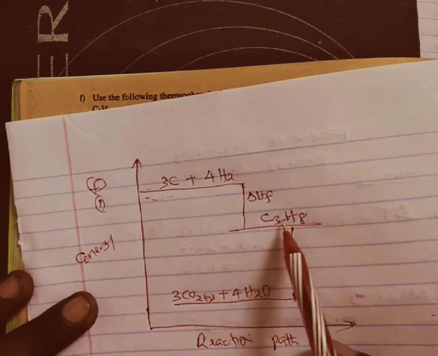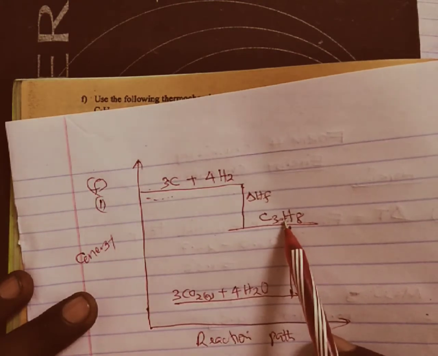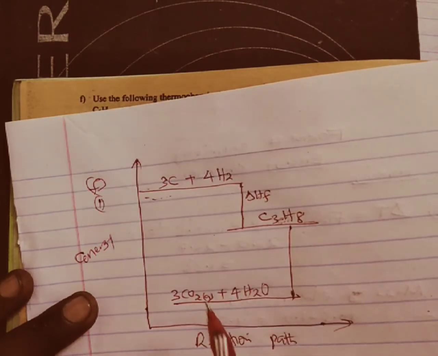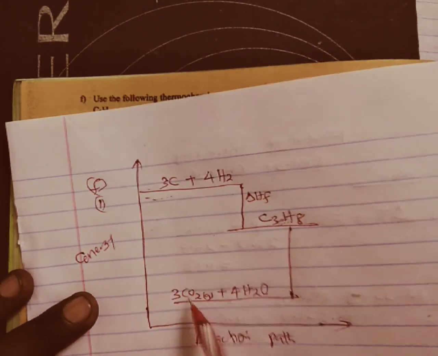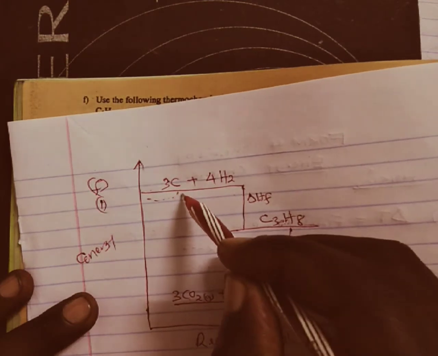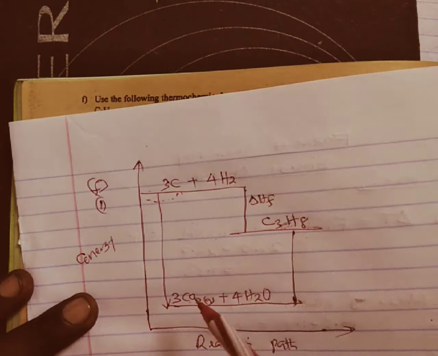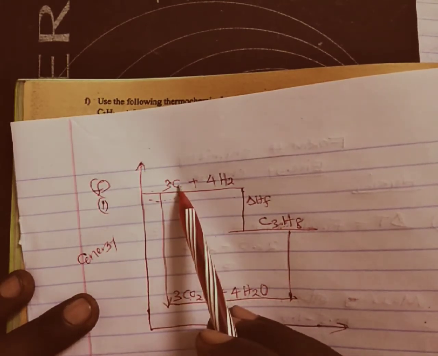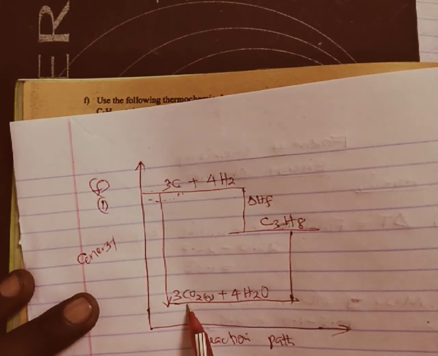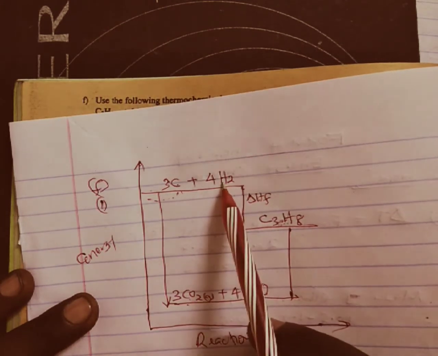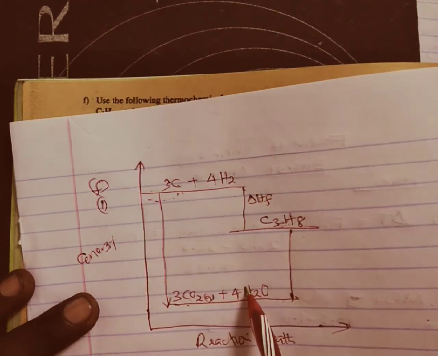And for us to get carbon dioxide, it is the same as burning carbon directly in air. And for us to get water, it is like burning hydrogen directly in air to give us water.